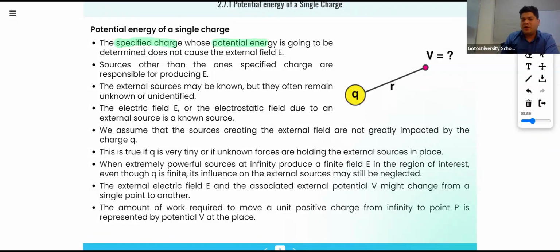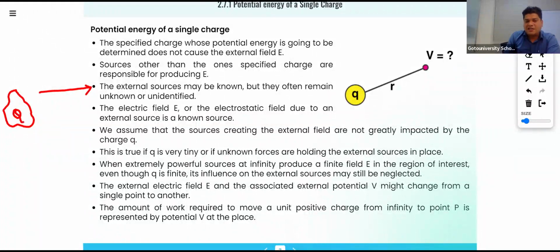What is the second point? Sources other than the one specified charge are responsible for producing E. We checked in the diagram that there is a source, and here we have the external field.